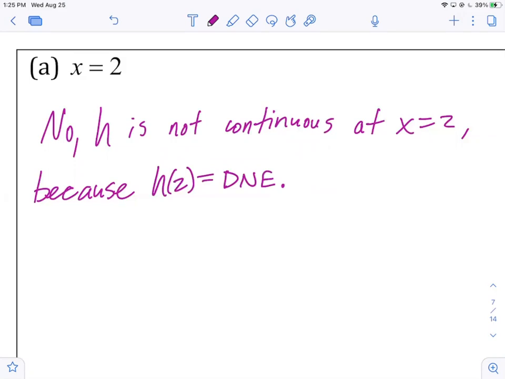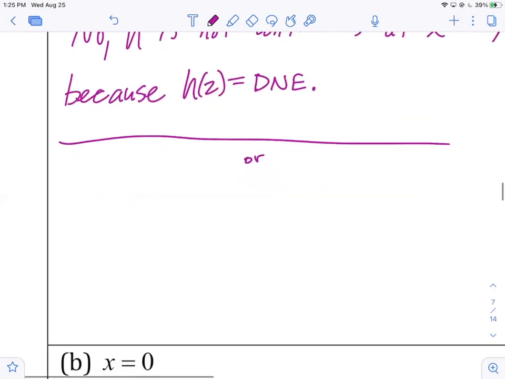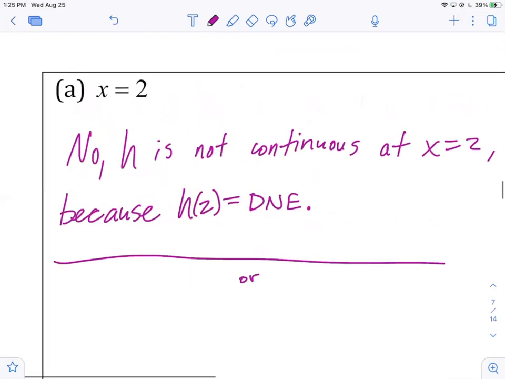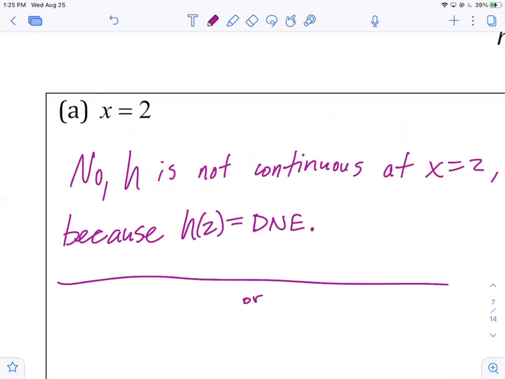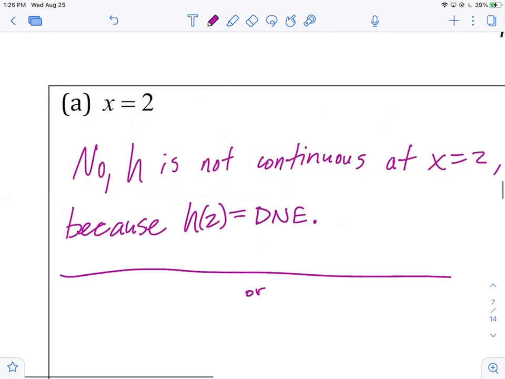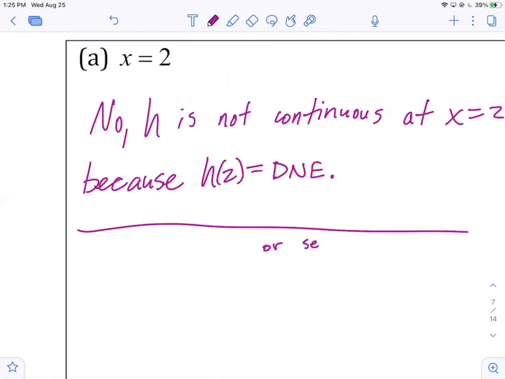Here's another way to do it. I'll just say or, and this is another way that I like to do it. If I need to determine if it's continuous at 2 or not, this is where I'm going to set up my notation, like I said earlier.